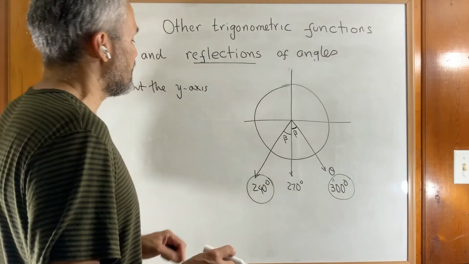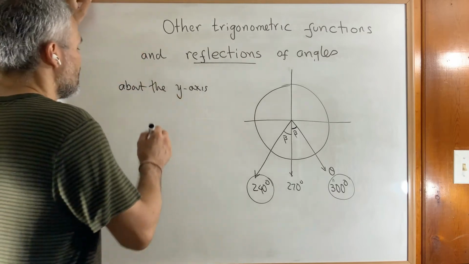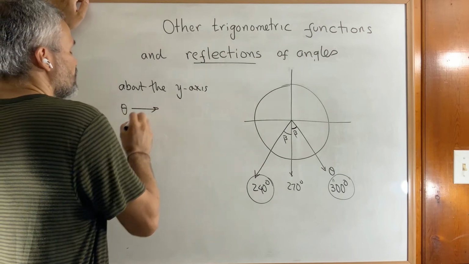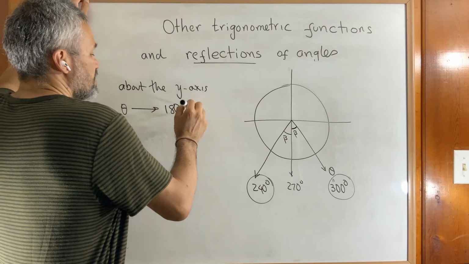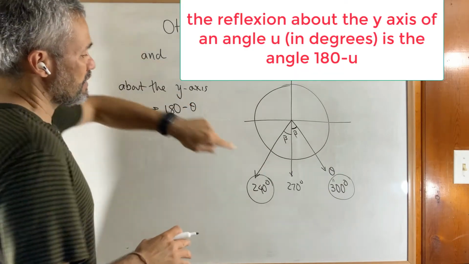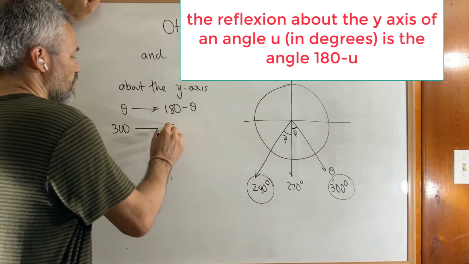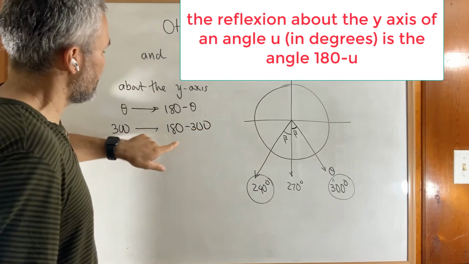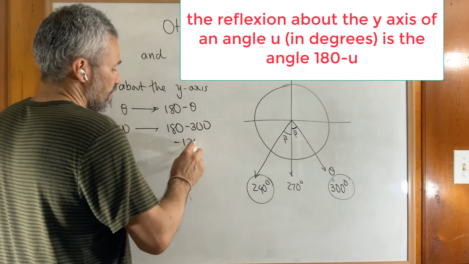Notice that this formula will work for the reflection about the y-axis. If you have an angle, then the reflection about the y-axis is 180 minus the angle. Let's check this formula in this case. If we have 300, then 180 minus 300 is negative 120.